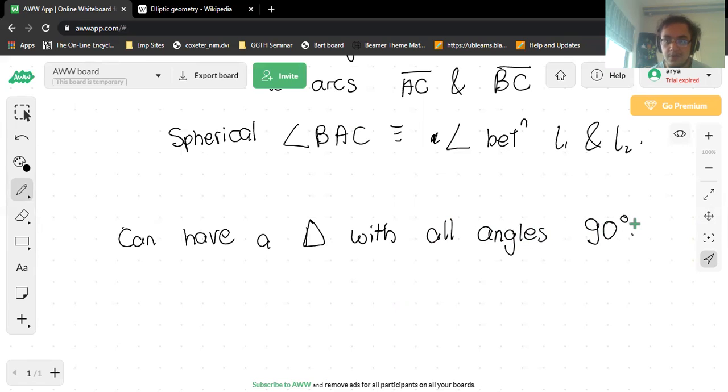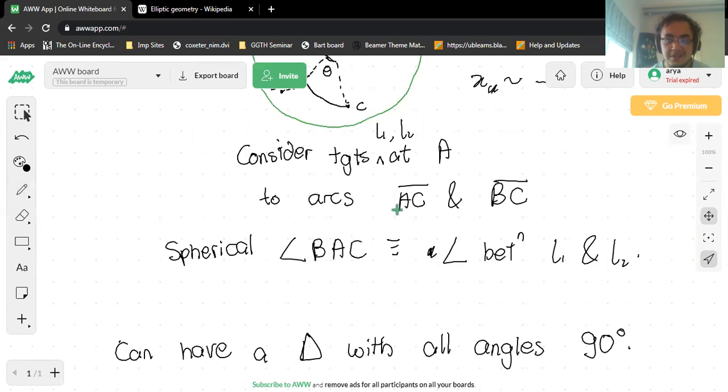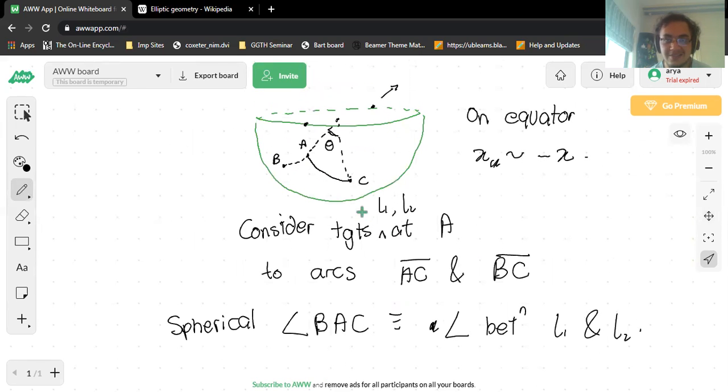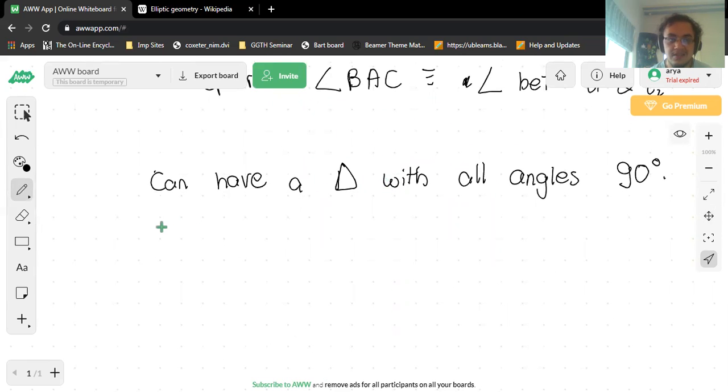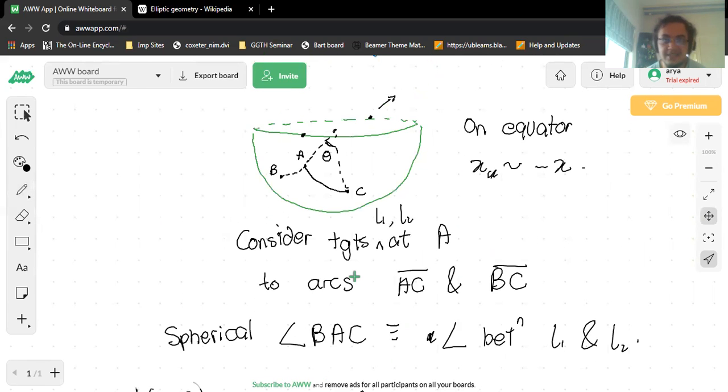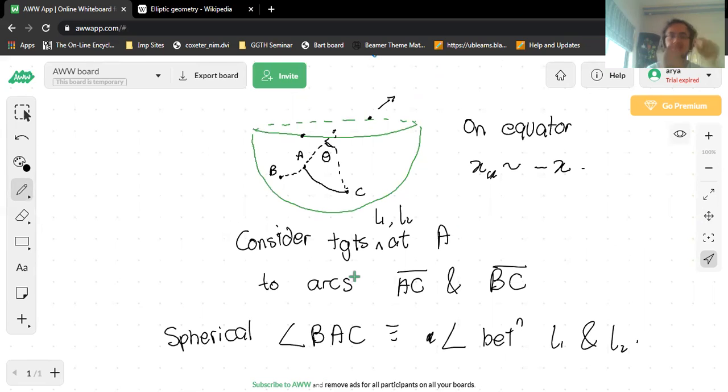I don't want to try to draw that right now, but yes, you can have this. Also, the distance between any two points A and B is bounded. This makes sense because your distance is some function of the angle measure on the great circle, and that is bounded by 180 degrees.